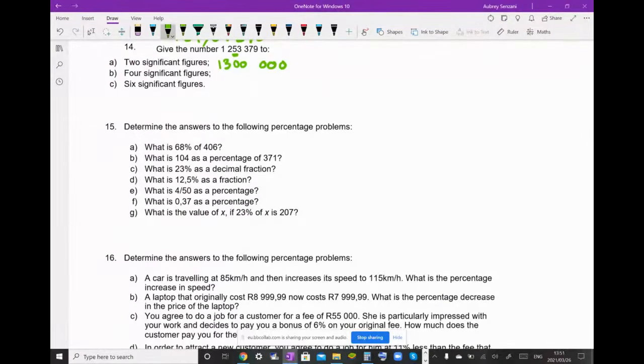What is it going to be to 4 significant figures? Again, we look at the 5th figure, which is 3.